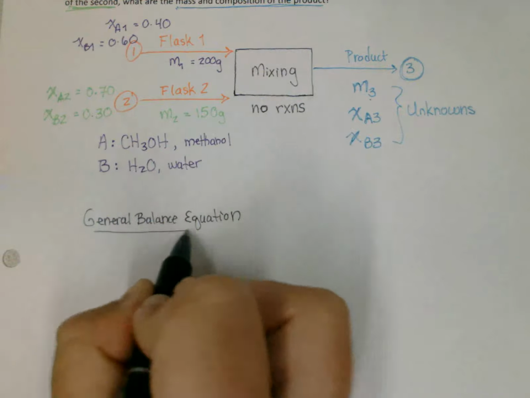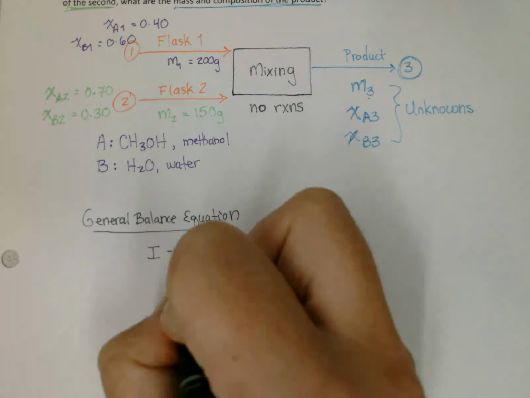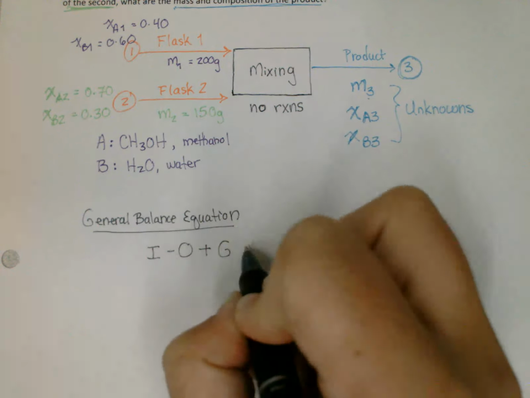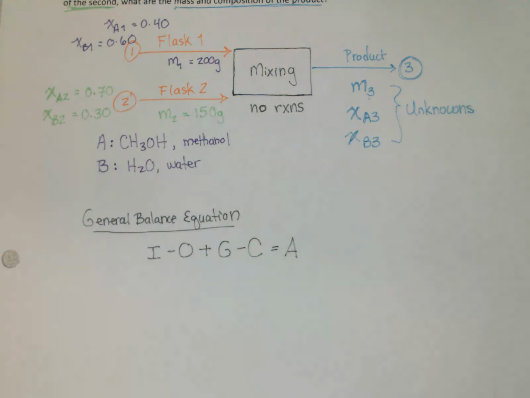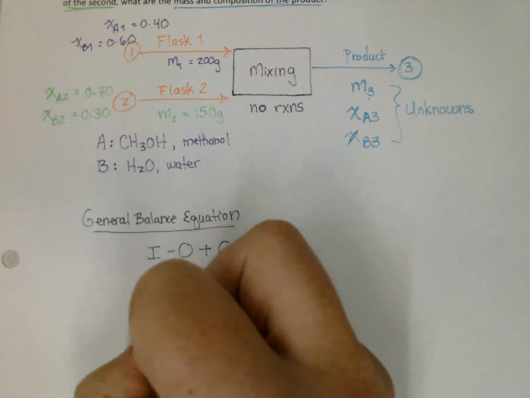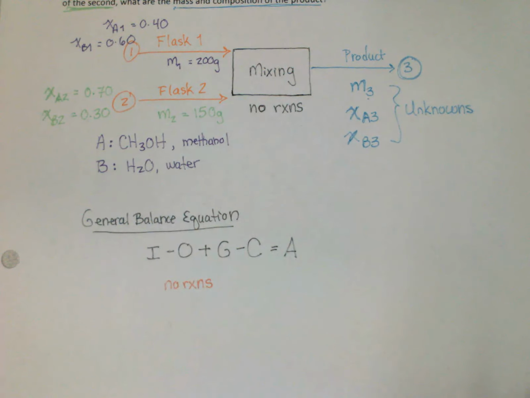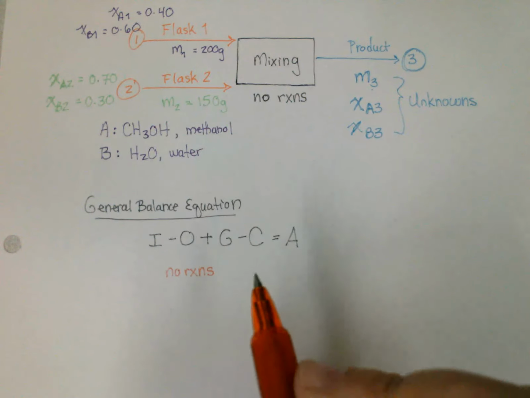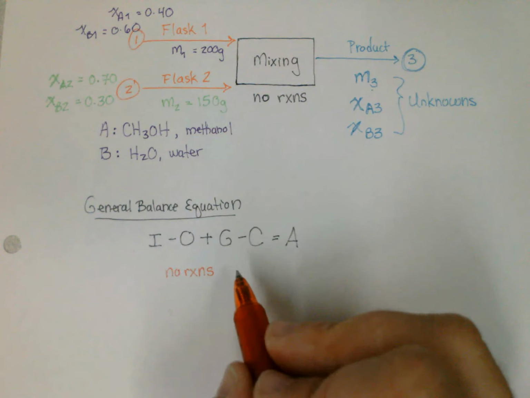Okay, so we know that the general balance equation says the input minus the output plus the generation minus the consumption must equal the accumulation. Now we said we know that no reactions are occurring. I'm going to let you assume that in this problem. If no reactions are occurring, what terms must go to zero?